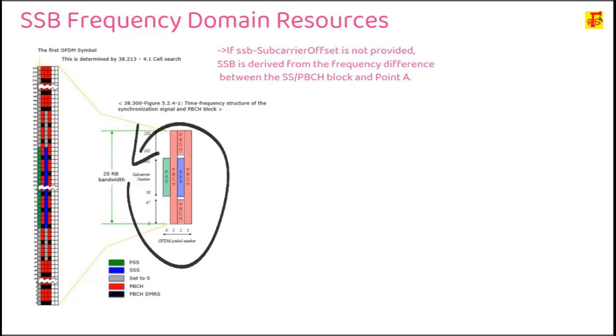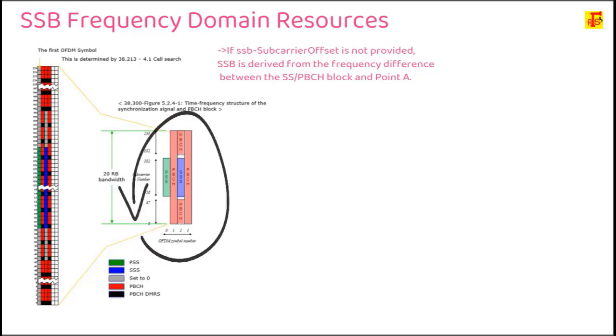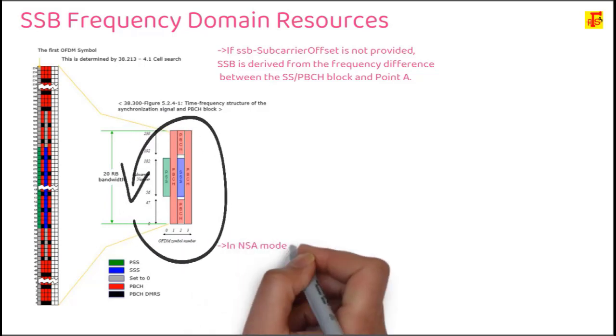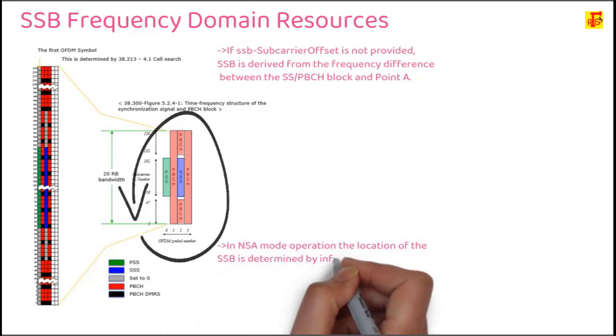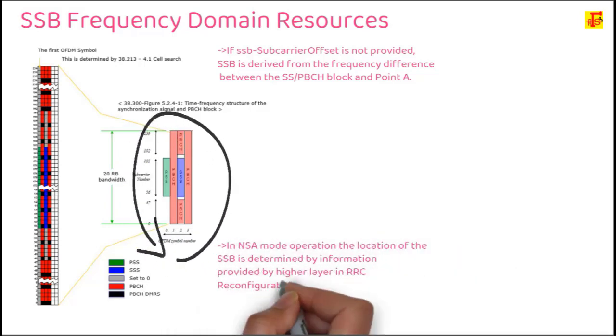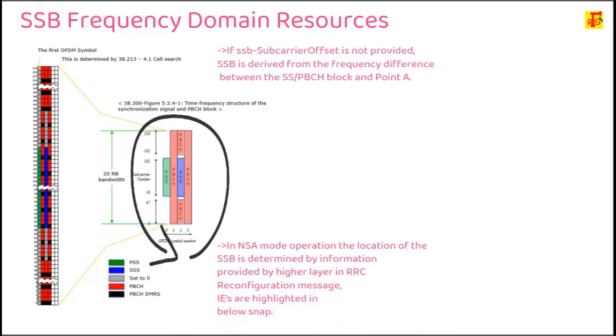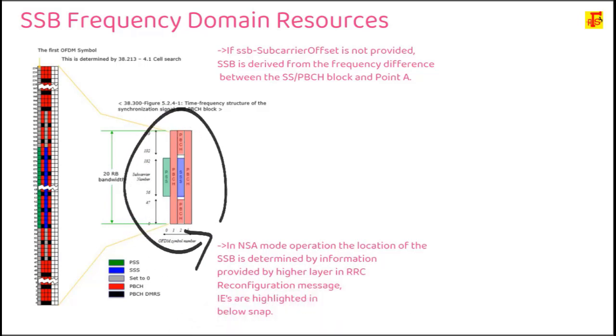Now we'll understand where point A is and where the SSB block is in the frequency and time domain. In NSA mode, that means non-standalone mode operation, the location of the SSB is determined by the information provided by the higher layer in the RRC configuration message.